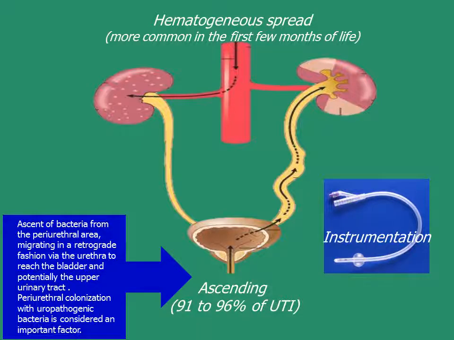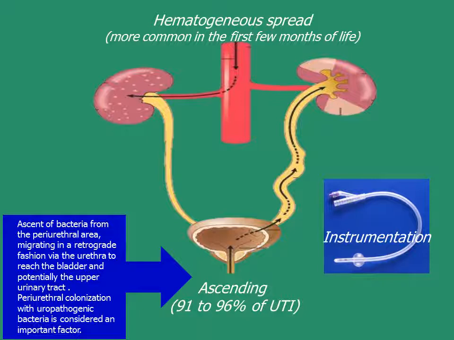The pathogens reach the urinary tract in three ways. The majority, 91 to 96%, of UTI results from the ascent of bacteria from the periurethral area, migrating in a retrograde fashion via the urethra to reach the bladder and potentially the upper urinary tract. Periurethral colonization with uropathogenic bacteria is considered an important factor.